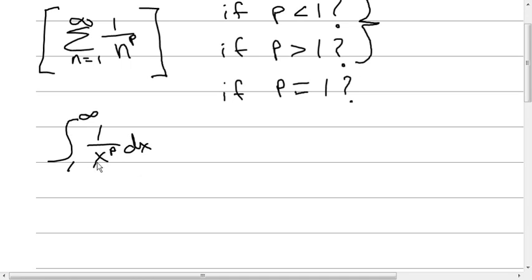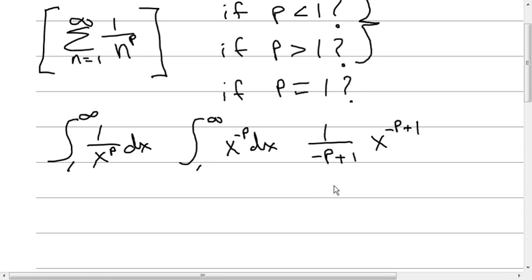But of course, you know me, I would not integrate it this way. Just because it makes more sense to me, I'd write x to the minus p power. Then when I integrate, I'm going to get something of the nature of 1 over minus p plus 1 times x to the minus p plus 1, just following the power rule.